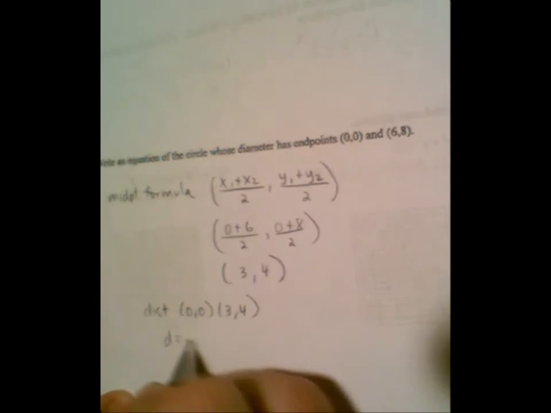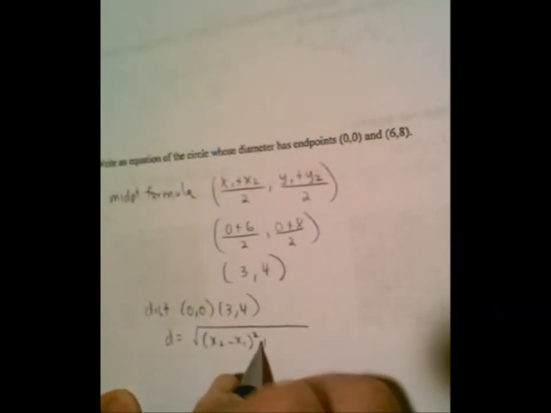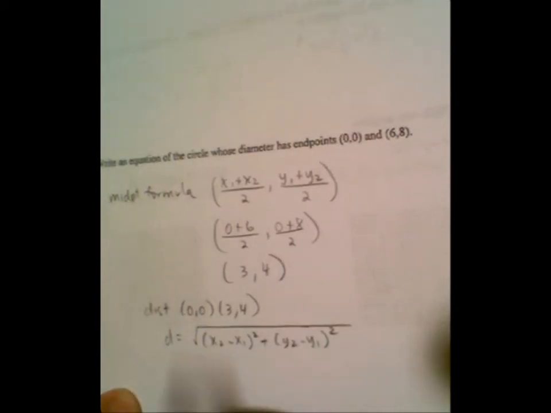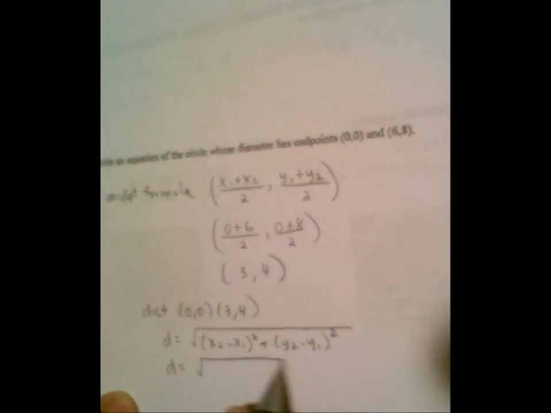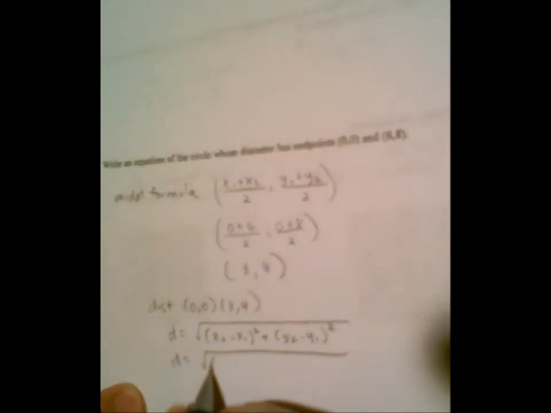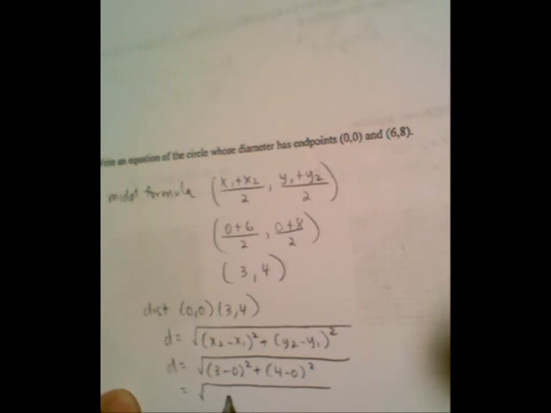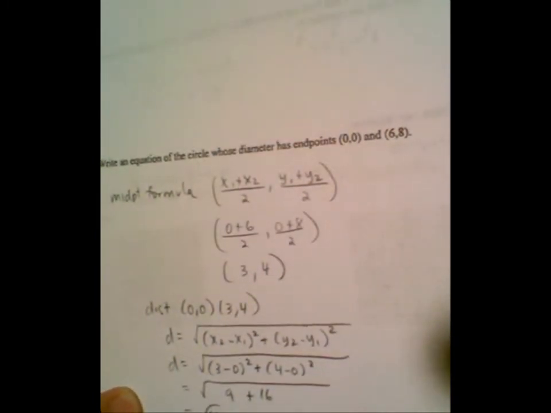The distance formula is the square root of x2 minus x1 squared plus y2 minus y1 squared. The square root of 3 minus 0 squared plus 4 minus 0 squared is the square root of 3 squared, which is 9, plus 4 squared, which is 16, the square root of 25, which is 5.